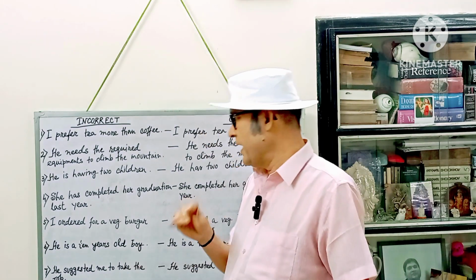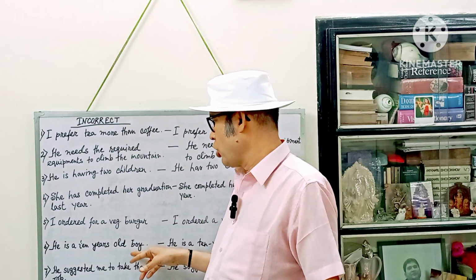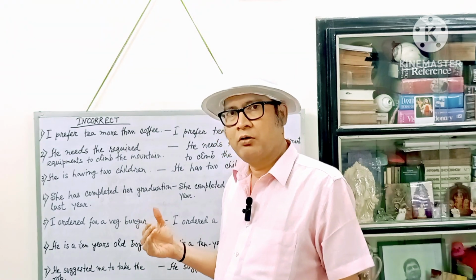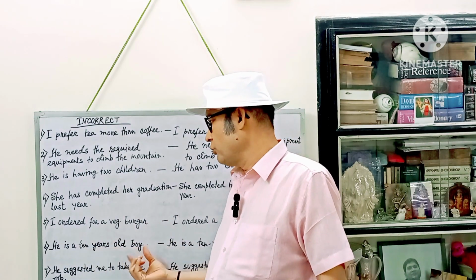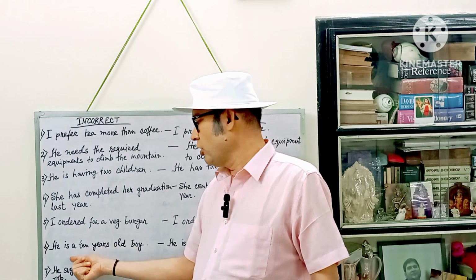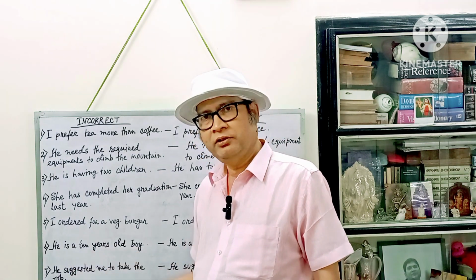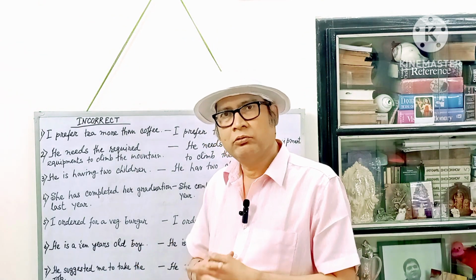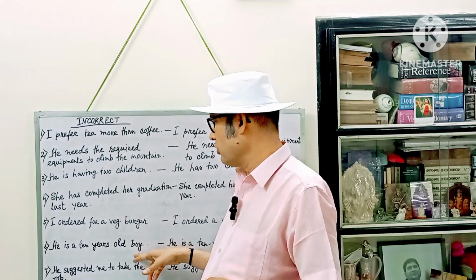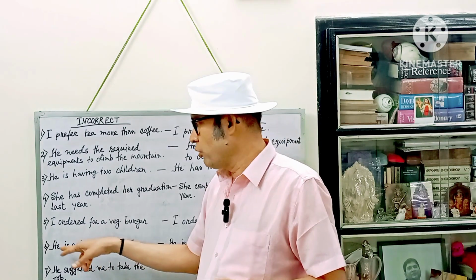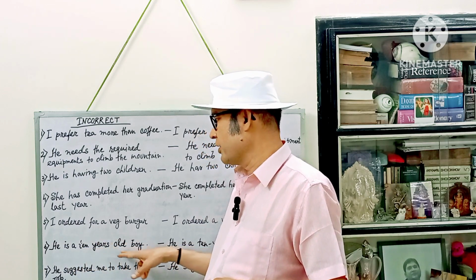Now, say for example, you are dropping this common noun, boy. You are not using the common noun boy after this particular phrase. So if you do not use this common noun, you are not going to use this article as well. This article is necessary only when you are using a common noun. But say I am not using the common noun, boy. I cannot use a. Then what should I say? He is 10 years old.